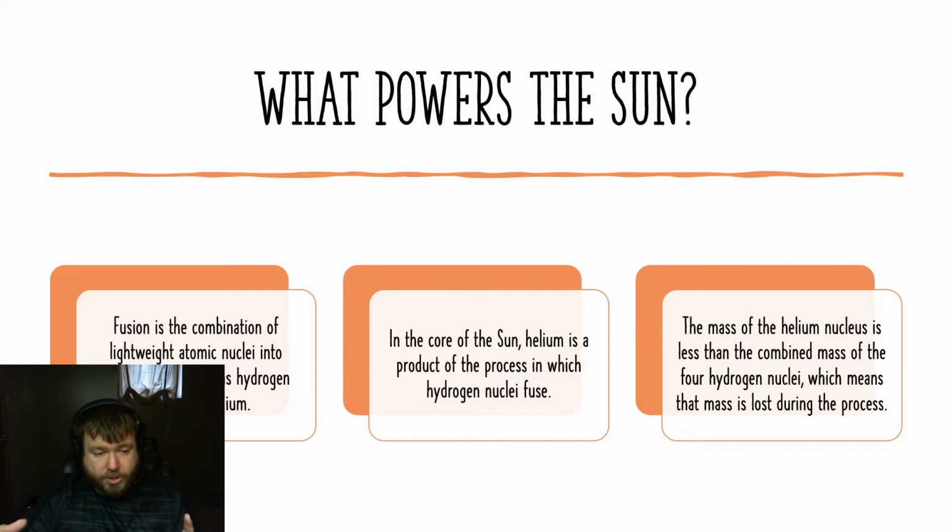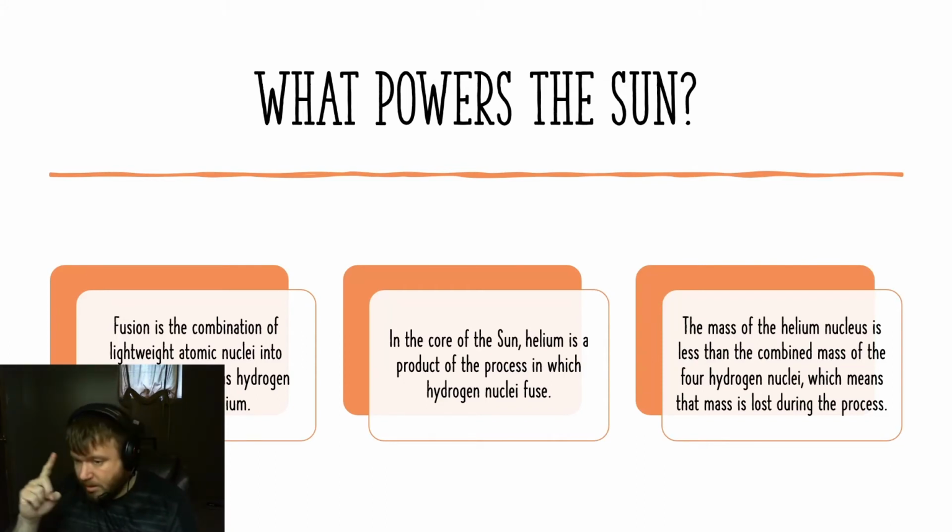Now, this fusion takes place, and we're talking on the most microscopic level you could get to. We're talking about individual atoms, the building blocks of everything around you, including yourself. So in the sun, if you take four hydrogen nuclei, under that intense temperature and pressure of the sun, they are going to fuse together to make one helium nucleus.